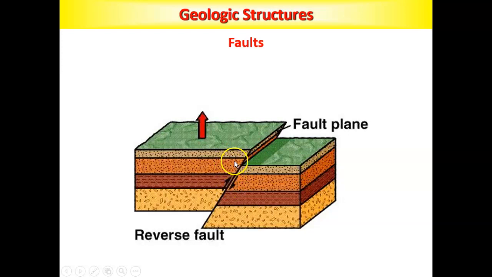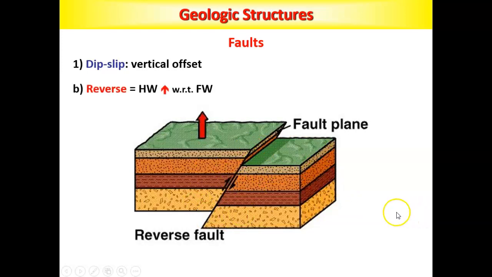I am in this block. This is the block I care about. So relative to here, if this used to be connected to this brown layer, where did it go? It went up. So now I have a dip slip fault where the hanging wall, or the block above the fault plane, went up. It went up the slide on the playground. That's not normal. So we're going to call that a reverse fault.